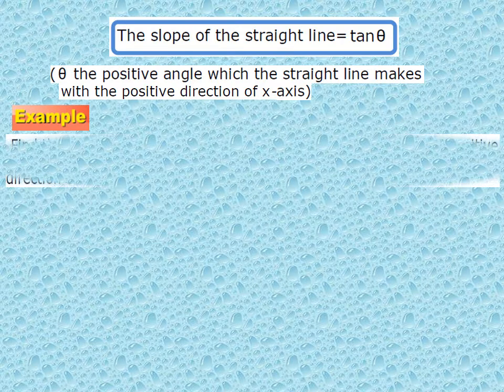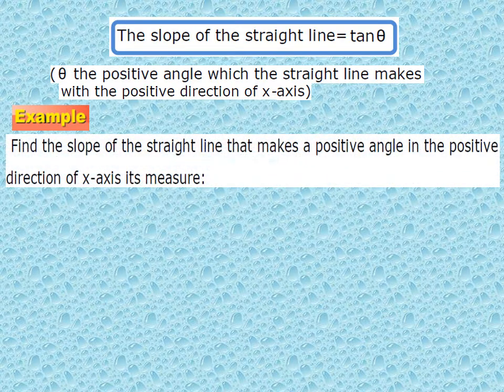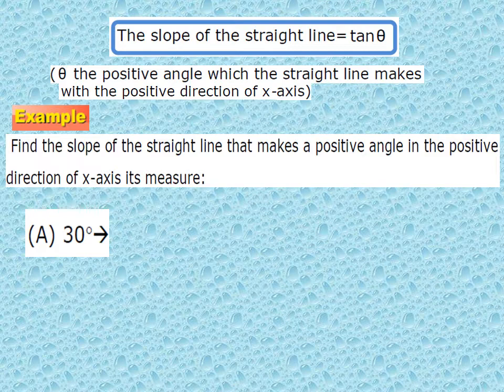Example: find the slope of the straight line that makes a positive angle in the positive direction of the x-axis. Its measure: A, 30 degrees.